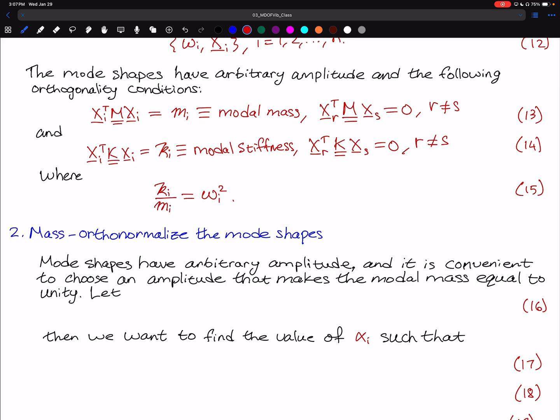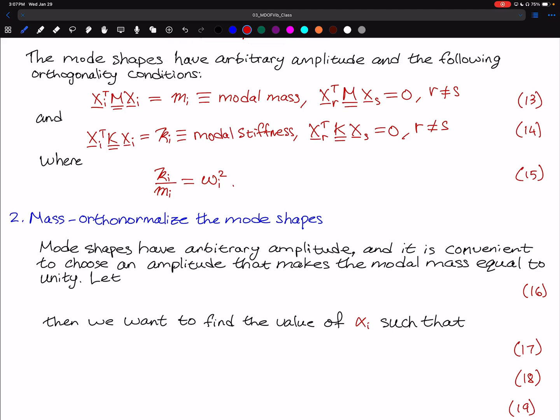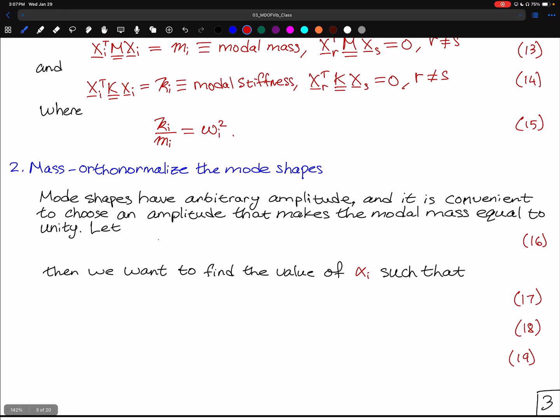Okay, in the second step, we're going to focus on mass orthonormalization of the mode shapes. I've mentioned before that the mode shapes have arbitrary amplitude, and it's convenient to choose an amplitude that makes the modal mass equal to 1, or unity. To that effect, we're going to use a scaled mode shape phi_i equal to some constant alpha_i times big Xi_i.